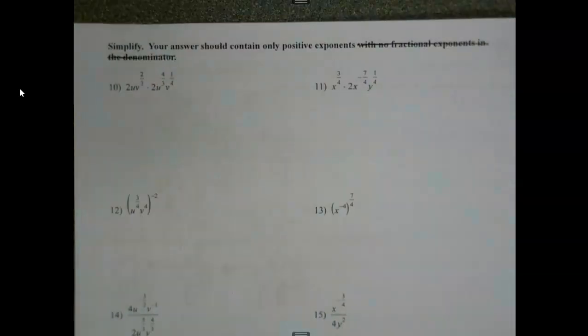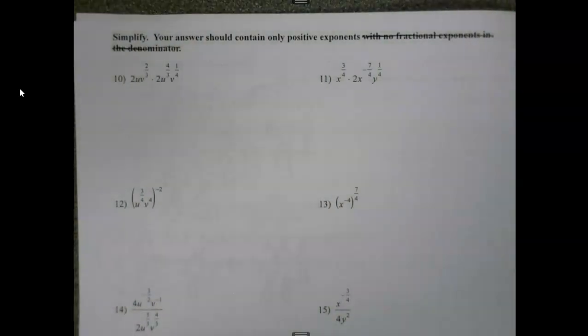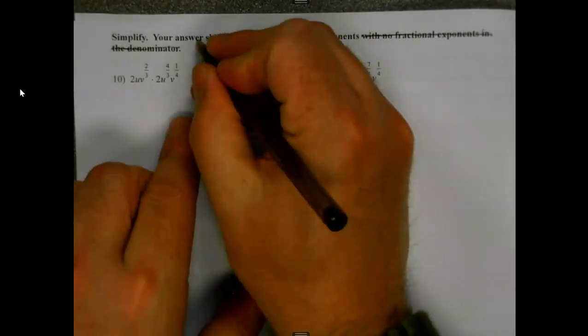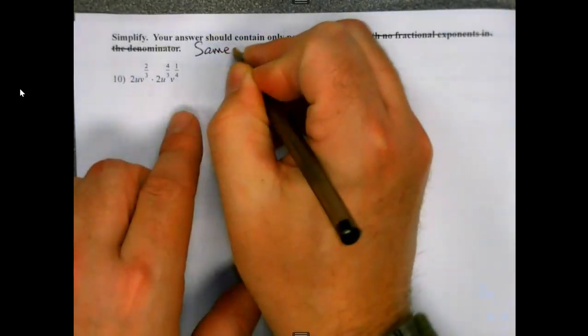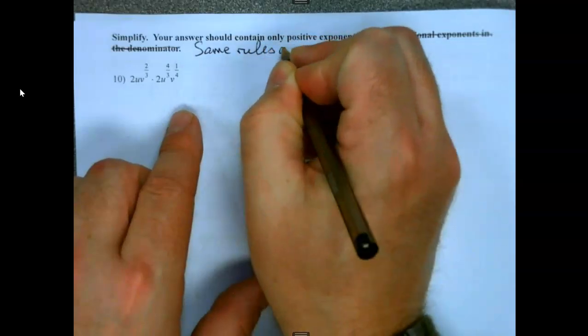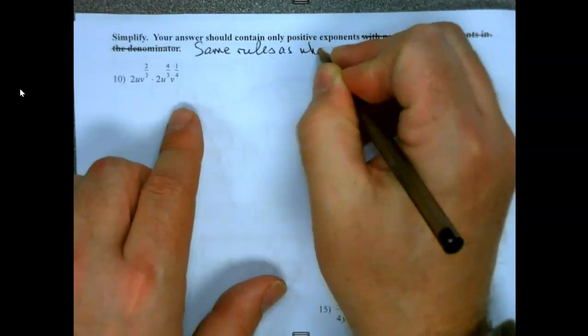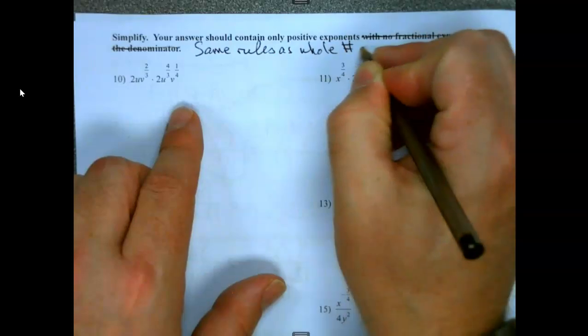See what else we got working here. Oh dear. Oh dear, they're back. Rational exponents. All right, hang on a minute. So here's the good news. Okay. We're dealing with the same rules as the whole number exponents.